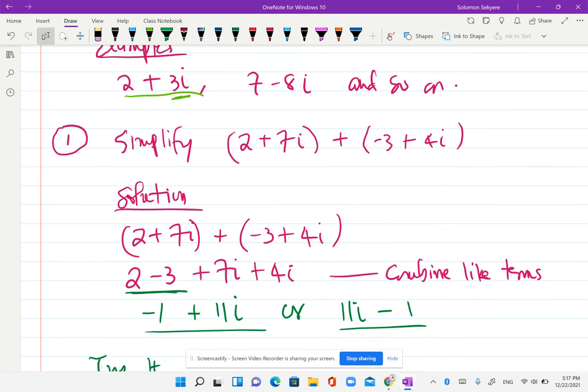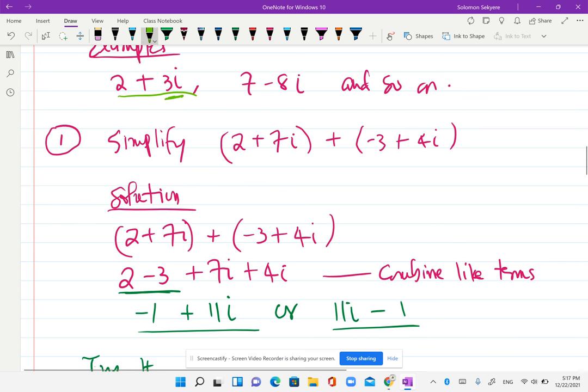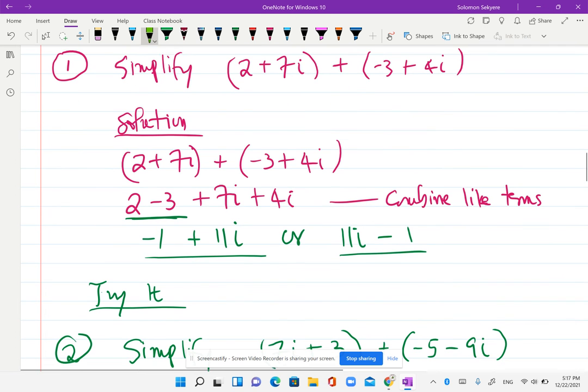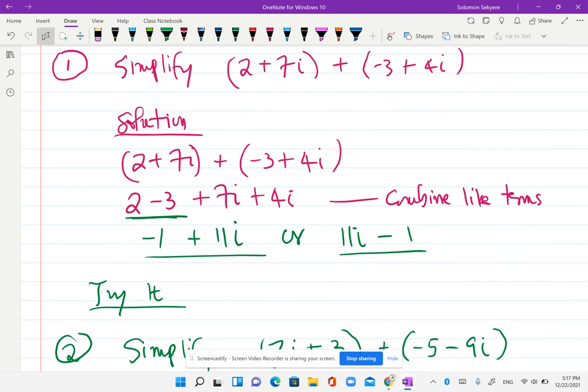Can we simplify complex numbers? If I give you 2 plus 7i plus negative 3 plus 4i and say simplify it, what you do is add the real number parts and then the imaginary parts.